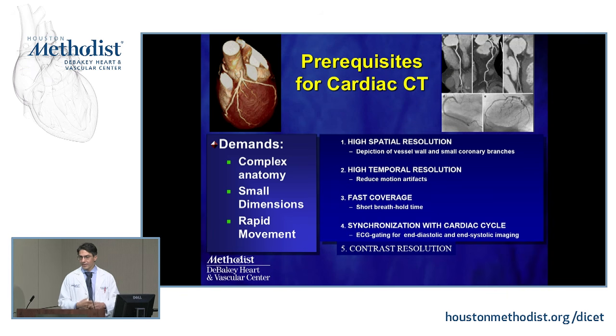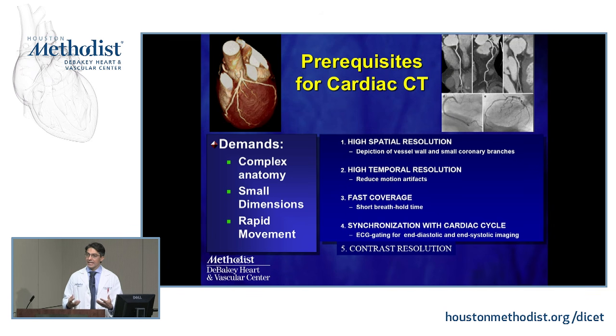You want to be able to do this quickly. We don't have time like the MRI people do. We got to do it fast. And not only does it have to be done fast, if we can get it done in one single breath hold and a large coverage, that would be the prize.